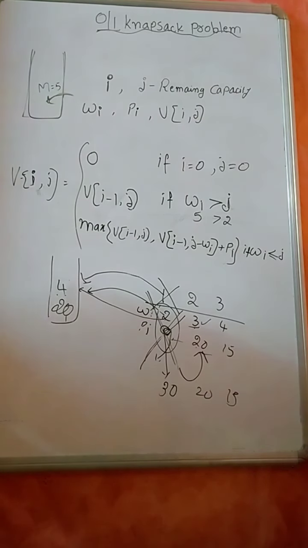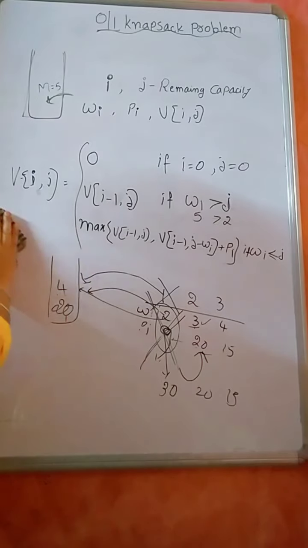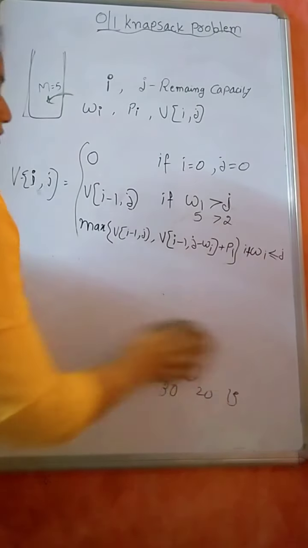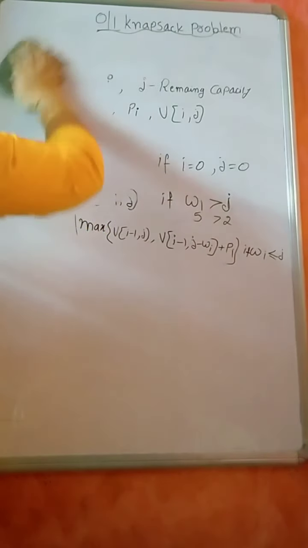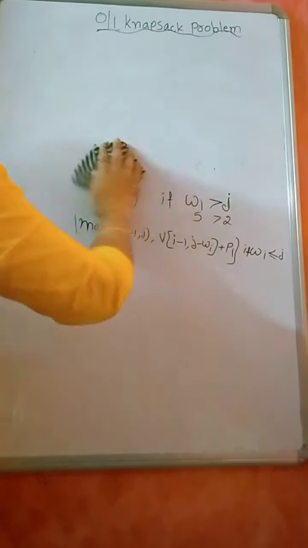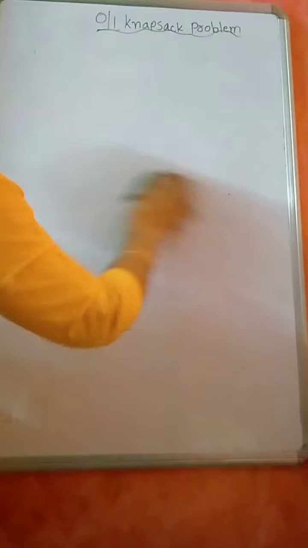Okay. Now I'll consider one example. Remember these three things. Three formulas are very, very important for the 0-1 knapsack problem.